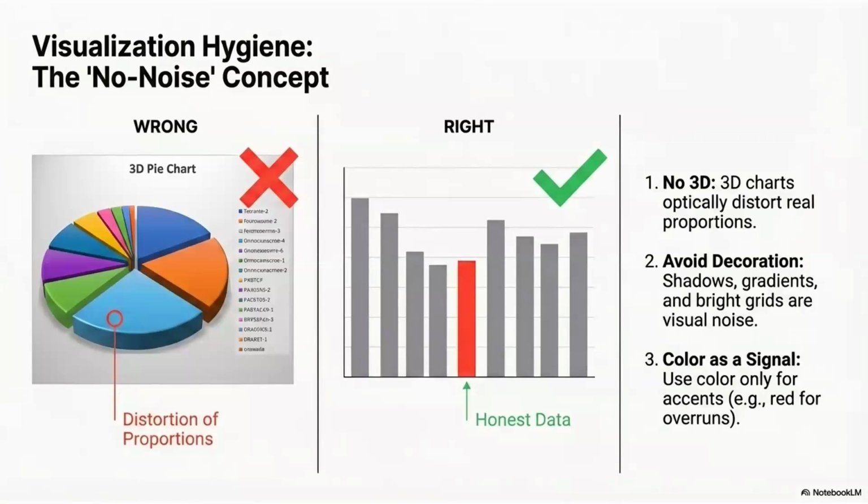The first and most important rule of data hygiene is the absolute rejection of any three-dimensional effects. A classic anti-example is the 3D pie chart. Due to optical distortion, the sector closer to the viewer will always appear visually larger than the one further away, even if their mathematical values are identical.